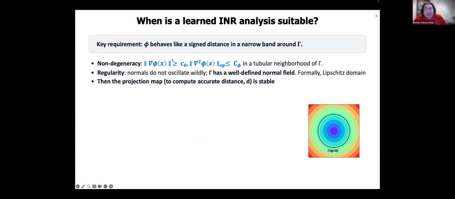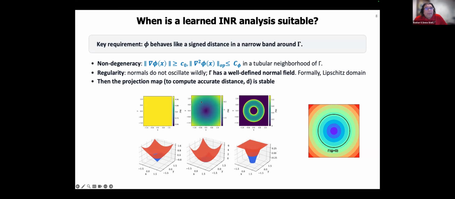It has to satisfy a non-degeneracy condition. That is, the gradient of phi should be bounded from below in a small neighborhood, and the curvature should be bounded from above in a tubular neighborhood. That's all. So I can have the standard level set at the bottom. I can have a quadratic function, which is essentially r squared minus 1.